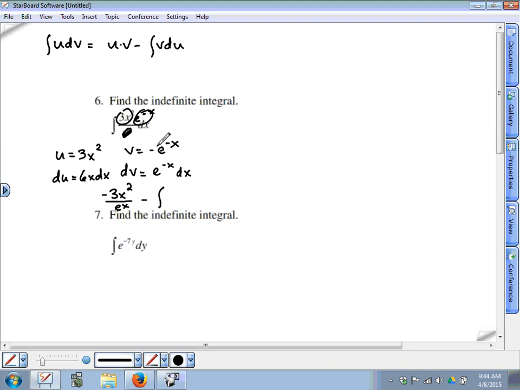So v has a negative sign, so I'm going to go ahead and pull that negative sign out front. And du has a 6, so I'm going to also pull that 6 out, and it becomes positive 6. And then we have e to the negative x times x dx.